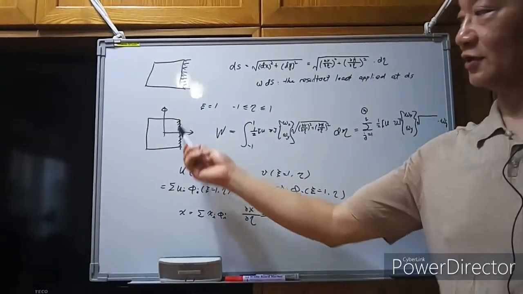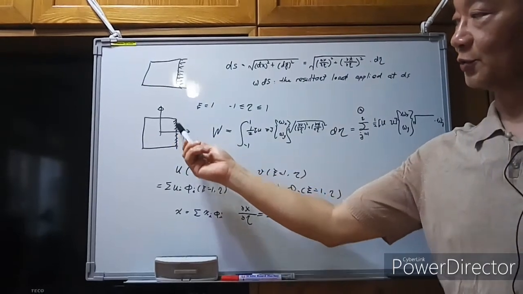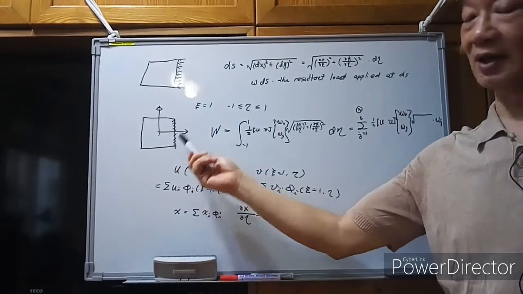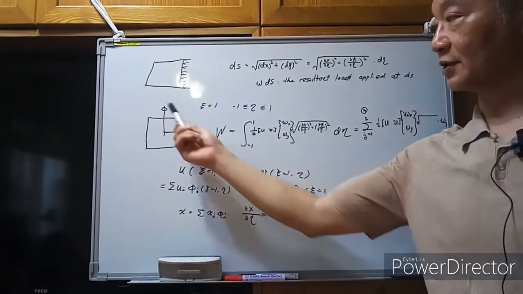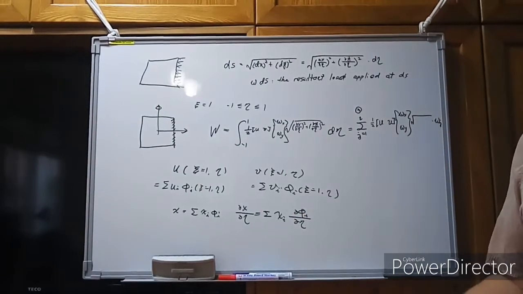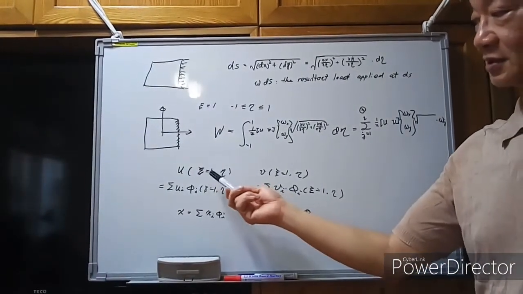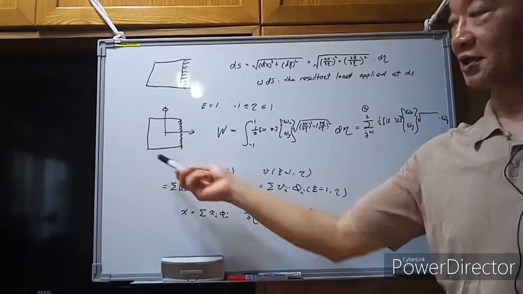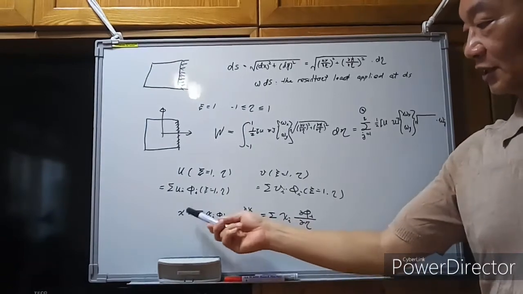Again, right now, if we consider the second boundary line, only the nodal points on this boundary line will have non-zero values. The other nodal points, their phi values are equal to zero. Then if you replace c equal to 1, you can check the corresponding results. Okay, so that's the x.